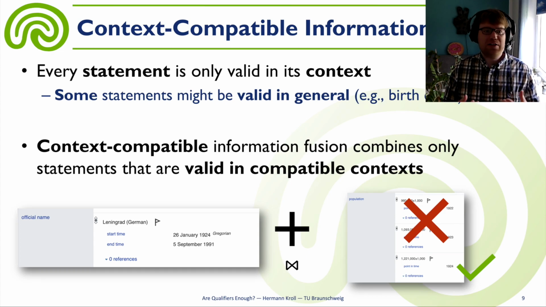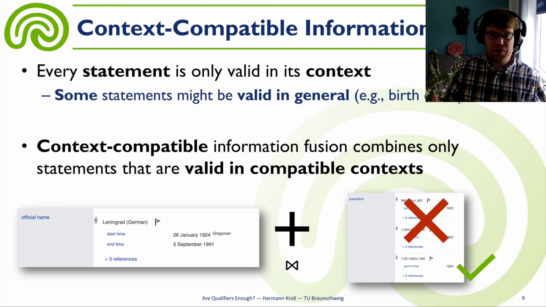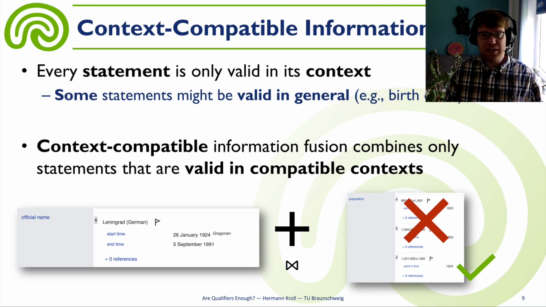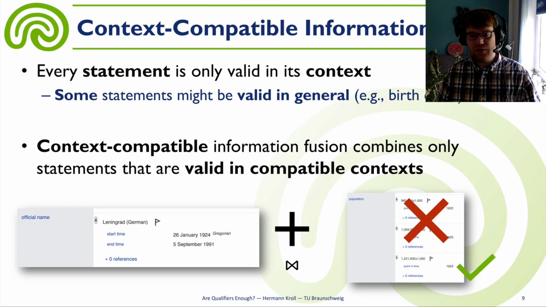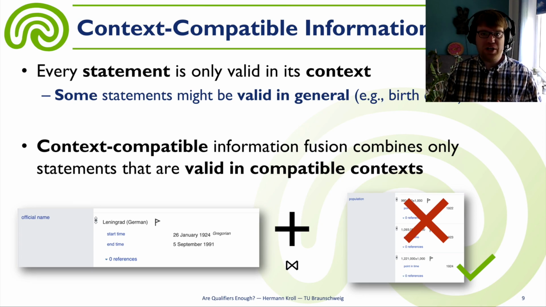So I would like to talk about context-compatible information fusion for knowledge bases. My previous works were based on this, and our basic idea is that a statement is only valid in its context, right? Think about a therapy here. A therapy in biomedicine is only valid within a certain dose, treatment group, duration, and so on. Or statements like names or populations are only valid within some time frame, right?